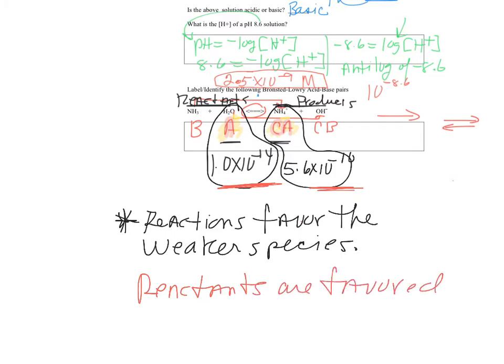The reason is because 10 to the negative 14 is smaller than 10 to the negative 10. Smaller meaning the weaker number. So when you're asked to do a problem like this, connect your species, identify the Bronsted-Lowry acid-base conjugate pairs, highlight the two acids, go to the table, find the values, and pick the one that is the weaker number.